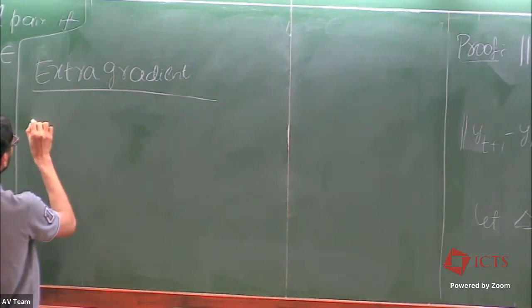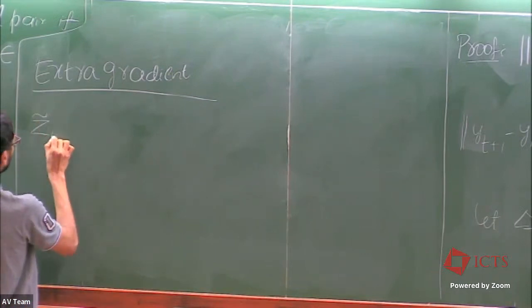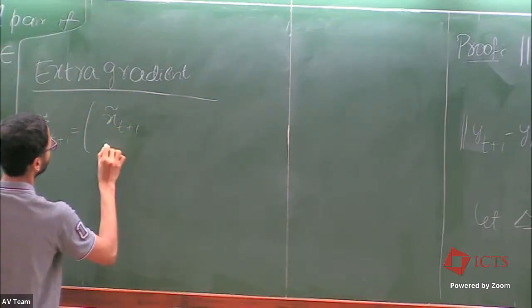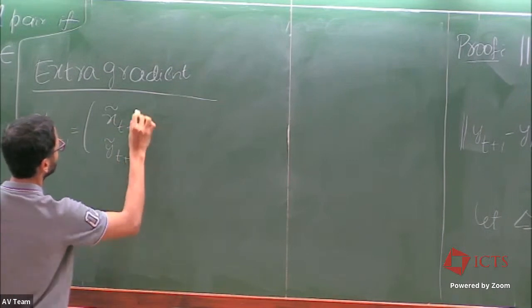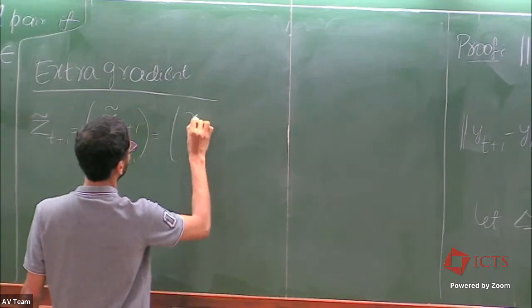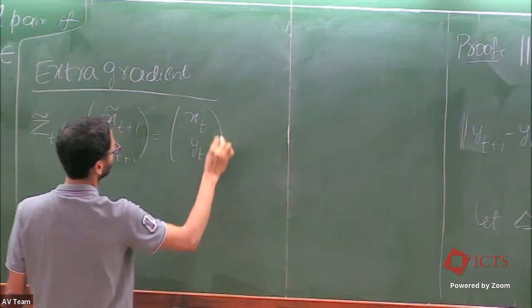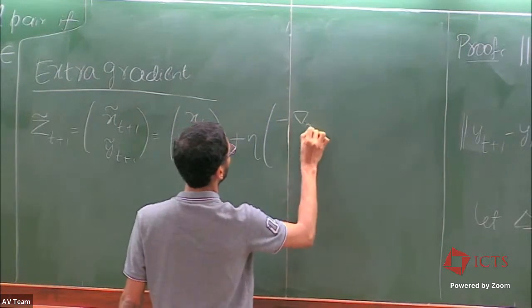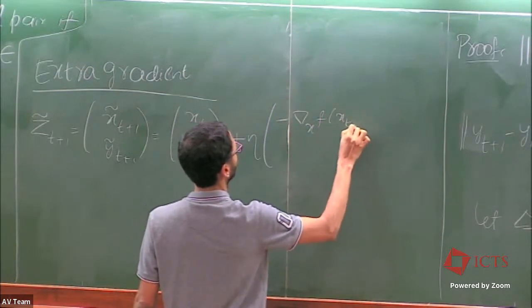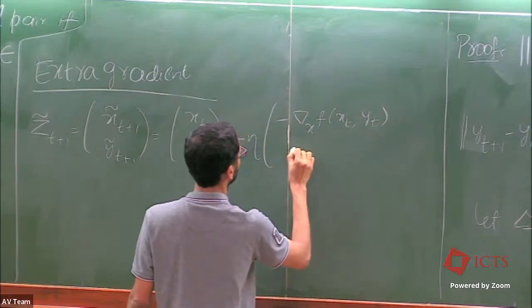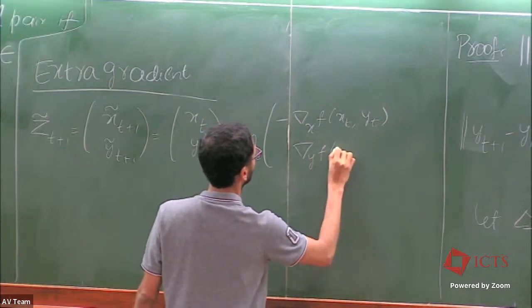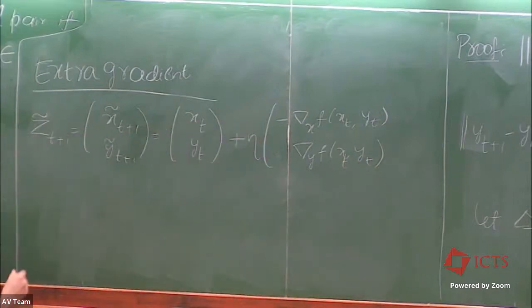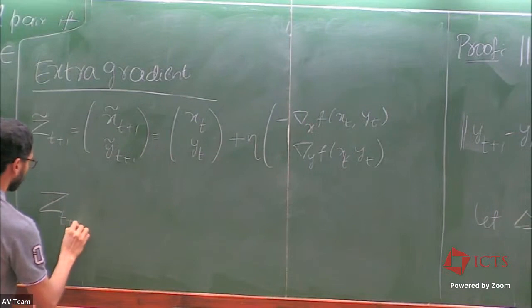z twiddle t plus 1 is some x twiddle t plus 1. Now the actual next iterate zt plus 1 is given by the following.